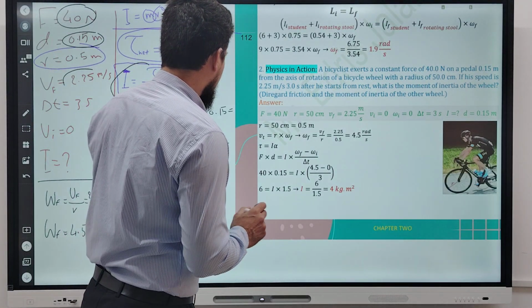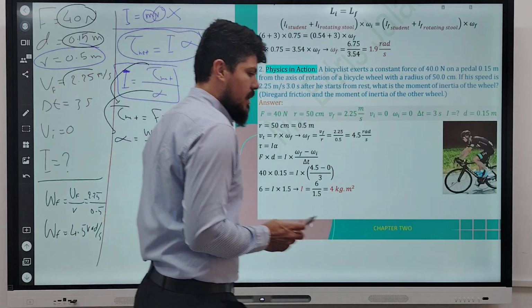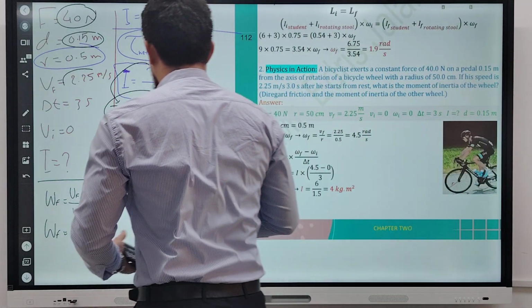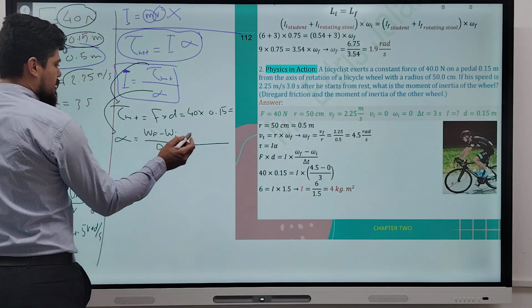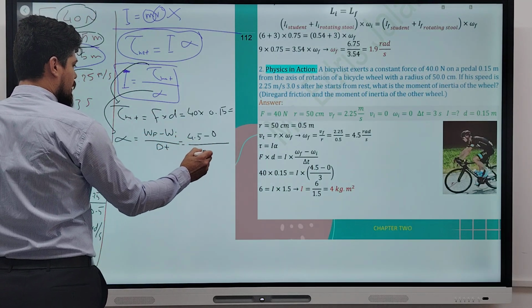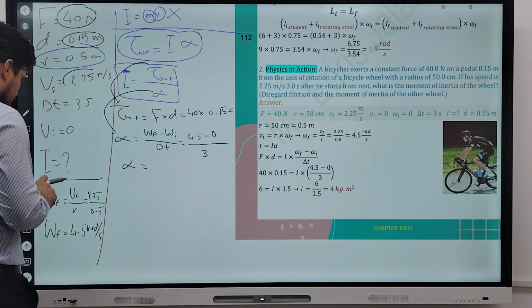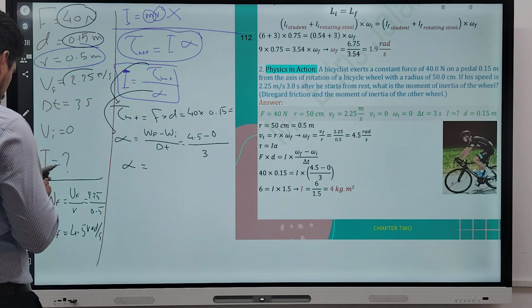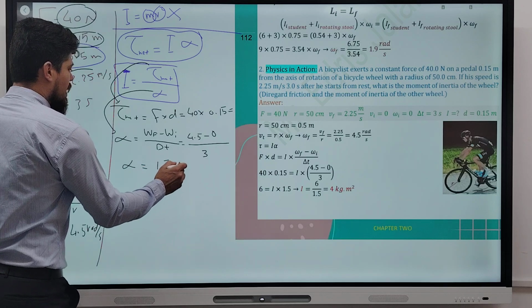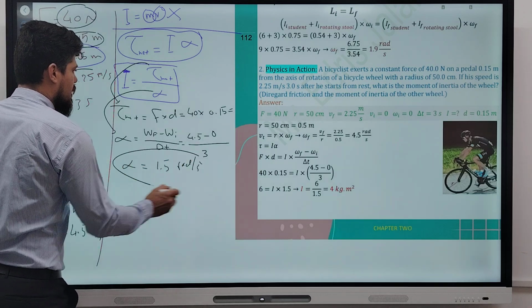By calculator, you can replace here 4.5 minus 0 divided by 3. Alpha is equal to 1.5 radian per second square.